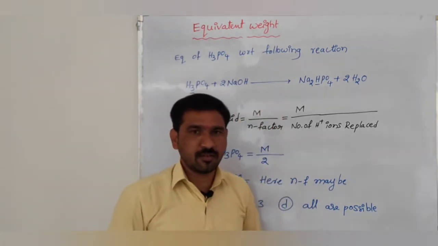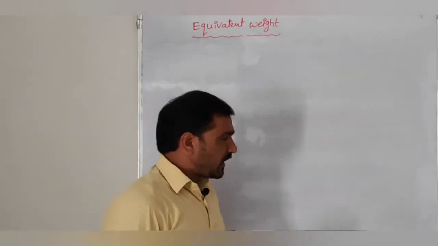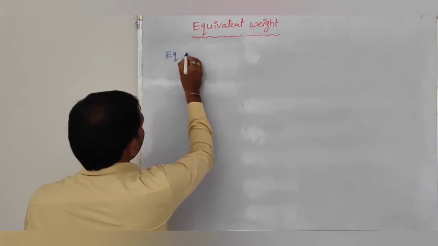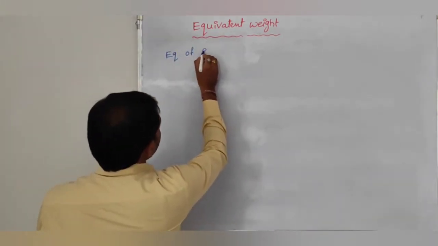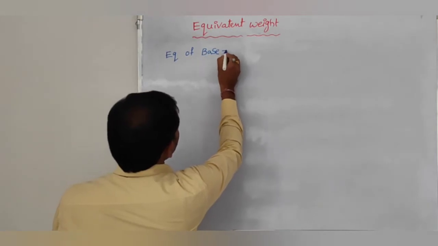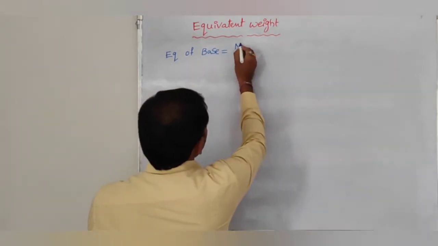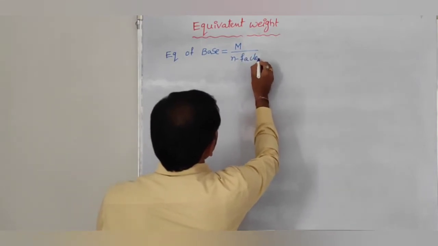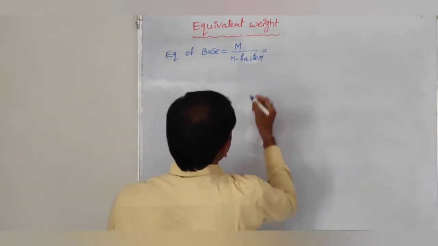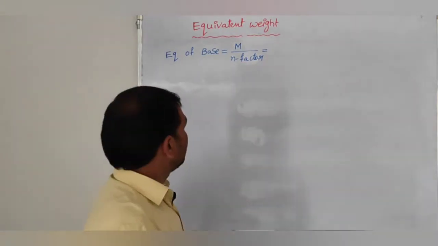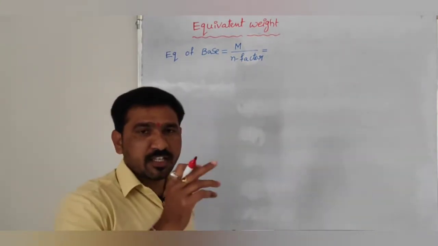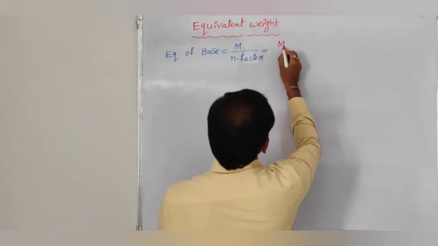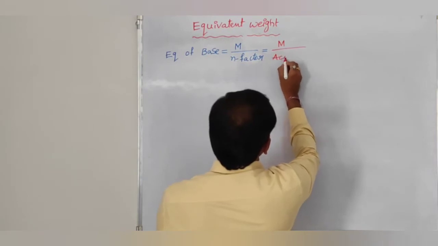The next, equivalent weight of base. The equivalent weight of a base is equal to the molecular mass of the base divided by the n factor. Right? Here the n factor with respect to a base is what? The acidity of the base is considered as the n factor. Therefore, molecular mass divided by acidity.